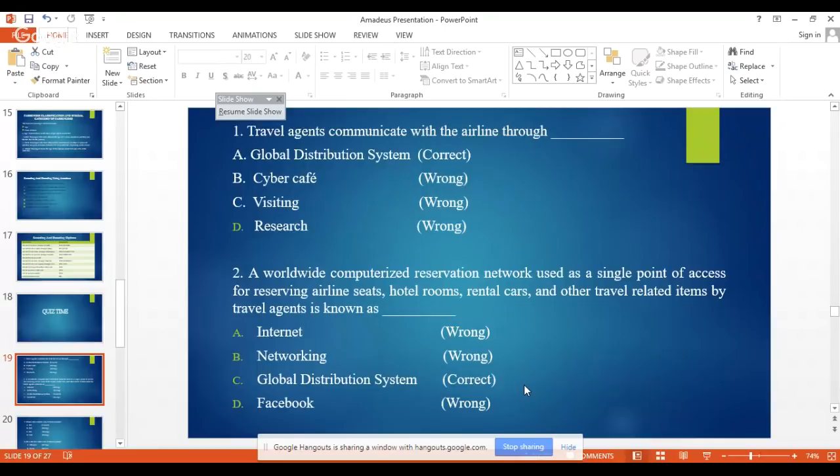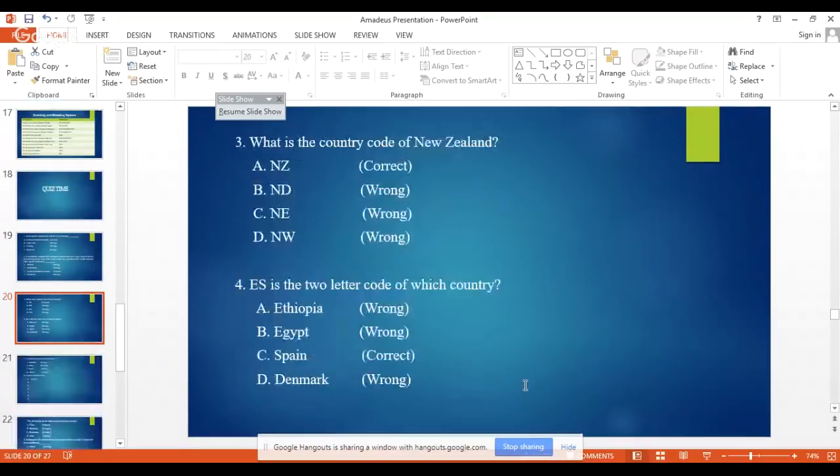And option D is Facebook. In our definition, a GDS, or global distribution system, is a worldwide computerized reservation network used as a single point of access for reserving airline seats, hotel rooms, rental cars, and other travel-related items by travel agents. So the correct answer is C, global distribution system.